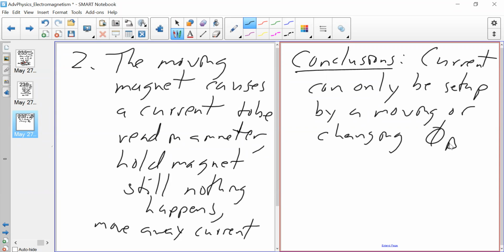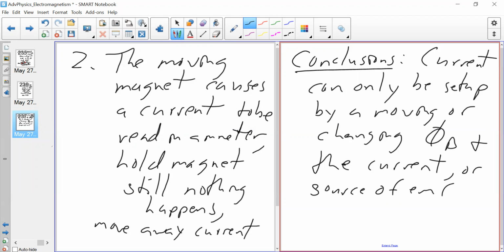Current can only be set up by moving or changing magnetic flux, and the current or source of EMF must be in a direction opposite.